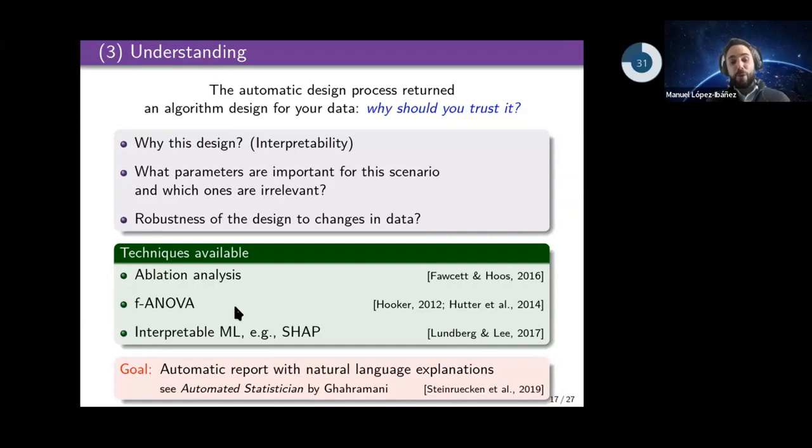Personally, I think that the goal should be to end up with a kind of automatic report, if possible, with natural language explanations, similar to the Automatic Statistician of Ghahramani. If you know his work, you will know what I'm talking about.